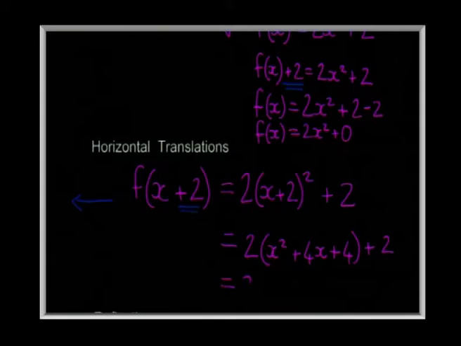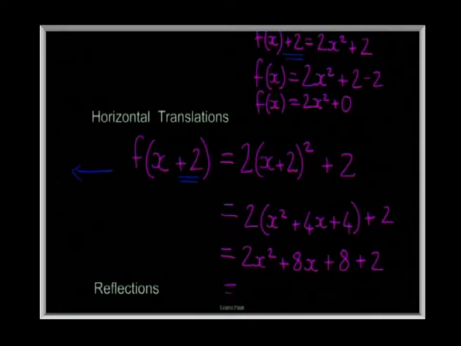Multiply out the brackets: 2x squared plus 8x plus 8 plus 2, and we get a final answer of 2x squared plus 8x plus 10. So our function has now moved to a new position, 2 units to the left. If we wanted to move 2 units to the right, we would have minused from the x values.